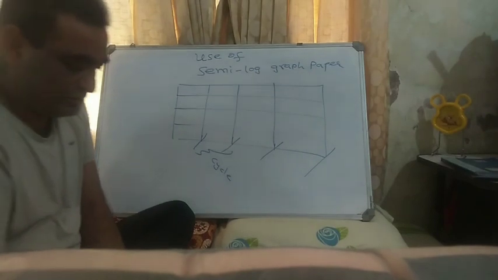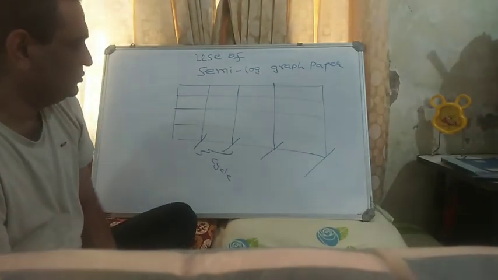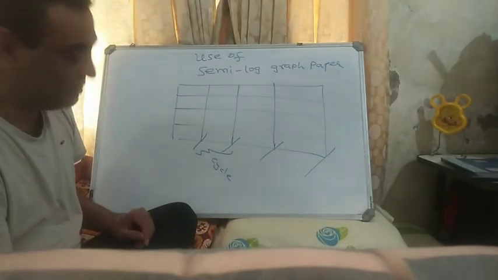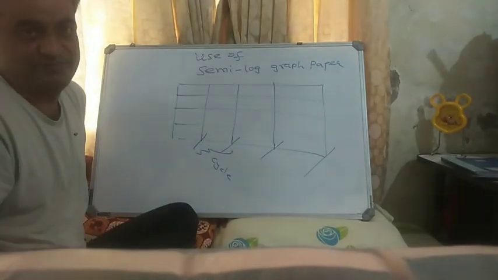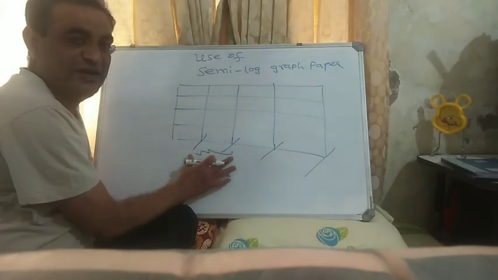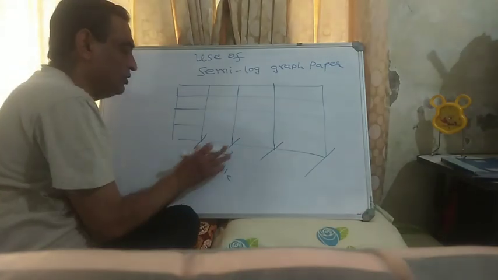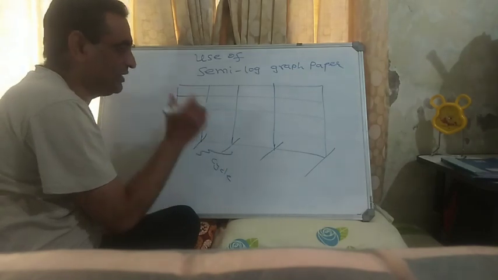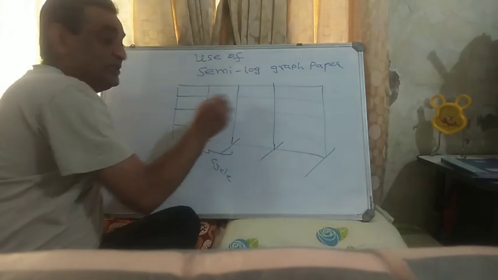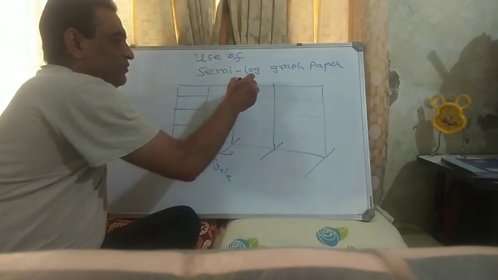Now if I look into a cycle, one cycle is divided into one decade. One cycle means one decade, and this is a non-linear scale.